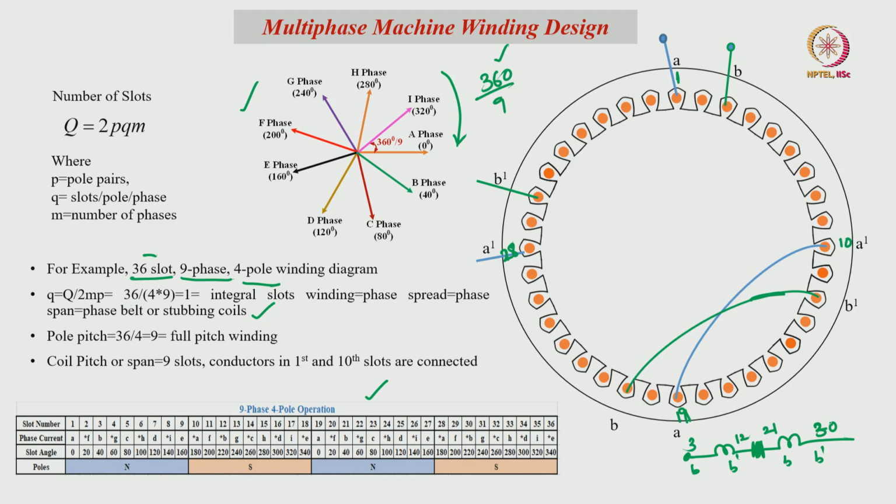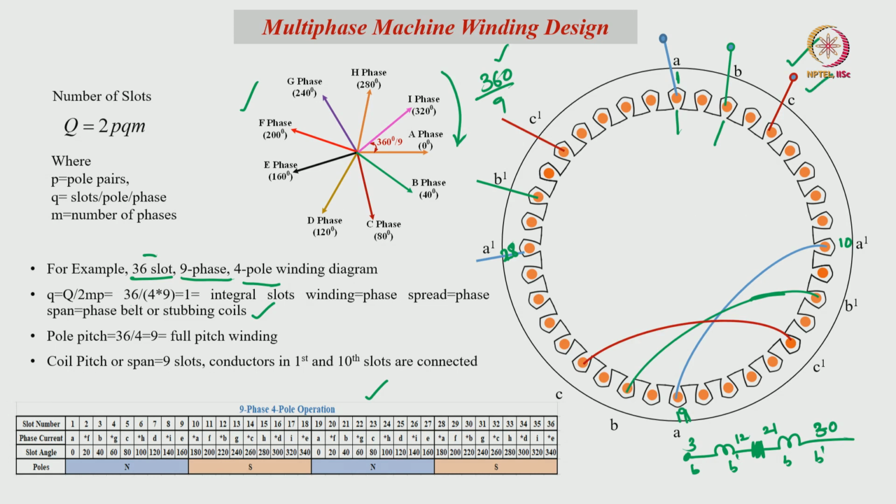We can observe here the angle between the A phase and B phase is 20 degrees mechanical, and 40 degrees electrical, because it is a 4 pole machine.